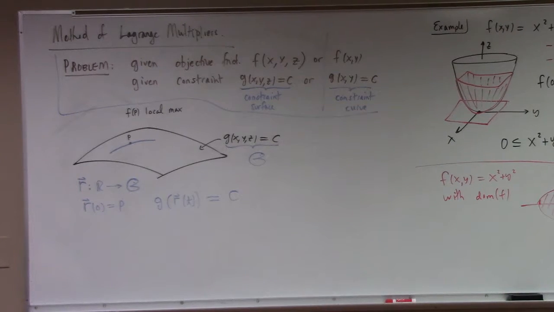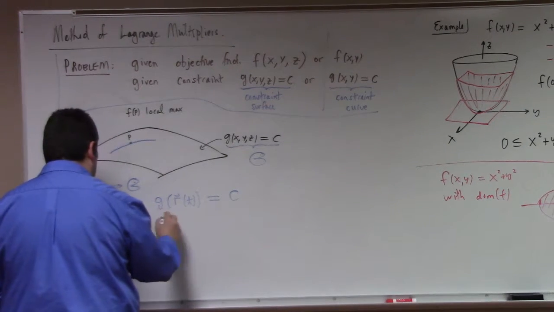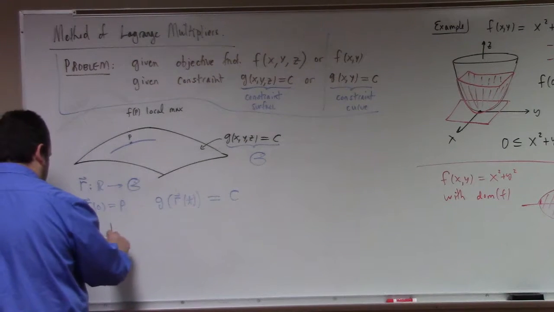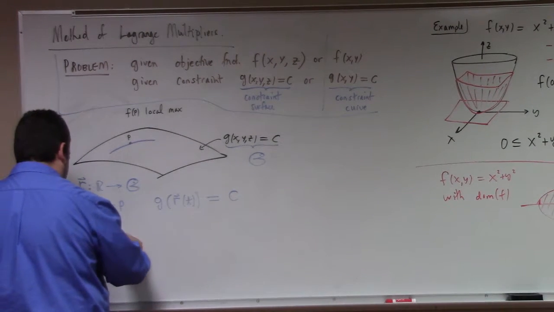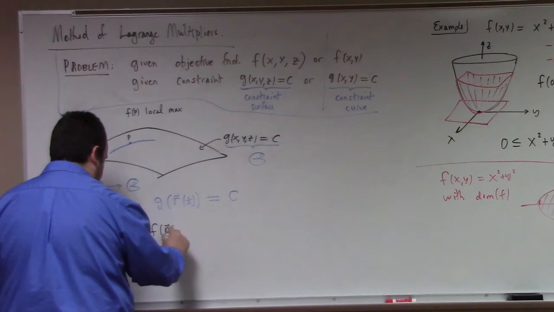But on the other hand, you can think of another thing. You can think of h of t being f of r of t.